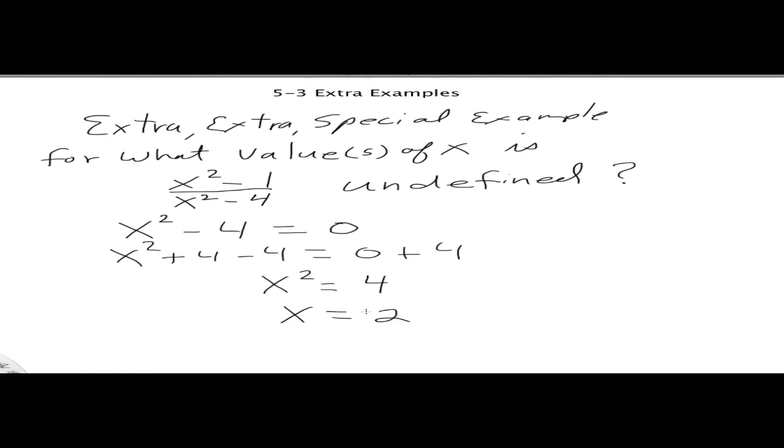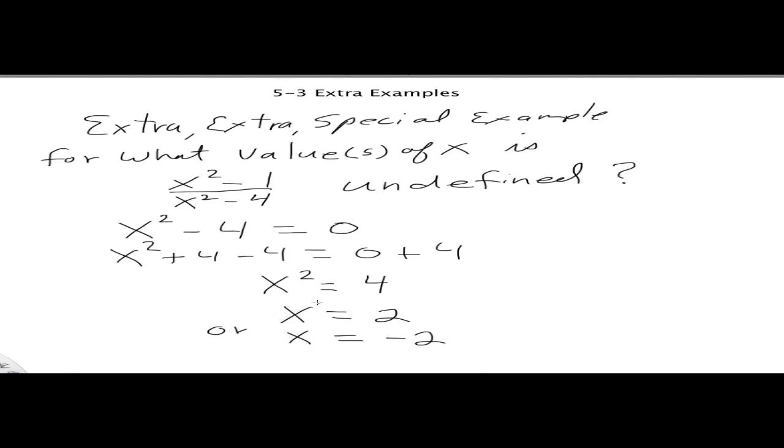But isn't it possible that x could also equal -2? And if it did equal -2, would that also make this equal to 0? And so x squared, it would be -2 times -2. A negative times a negative is a positive. So that would be 2 times 2 is 4. Yeah, it would result in the same thing.